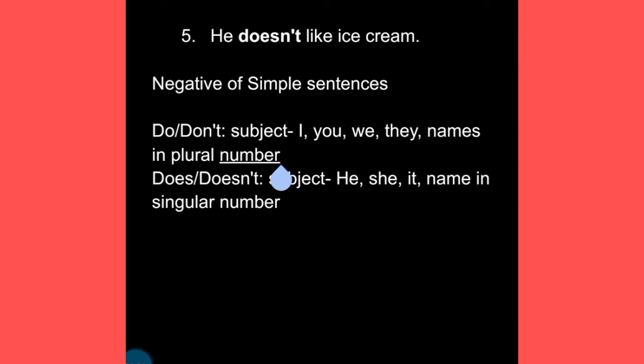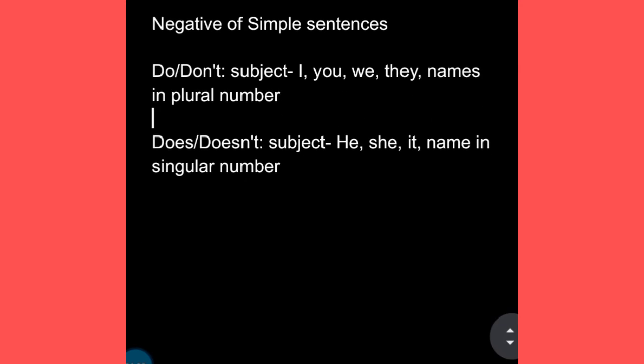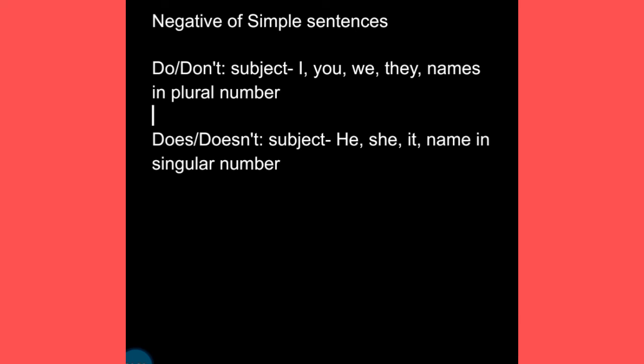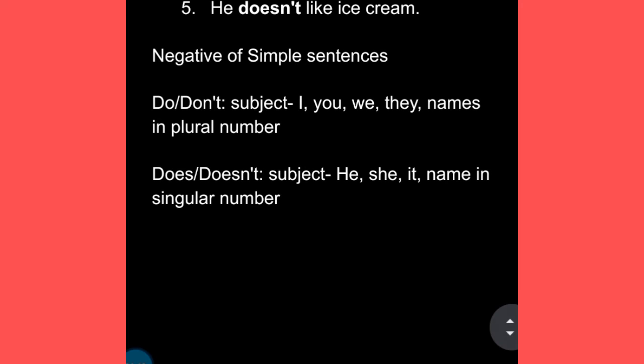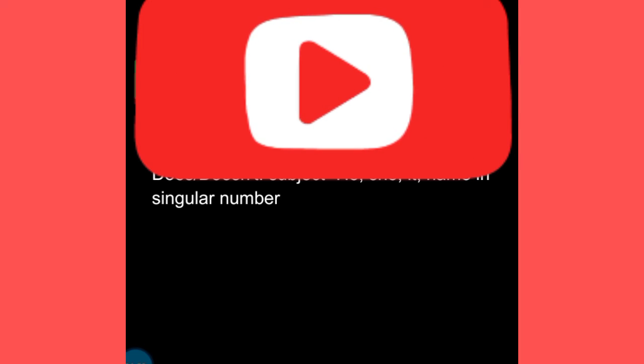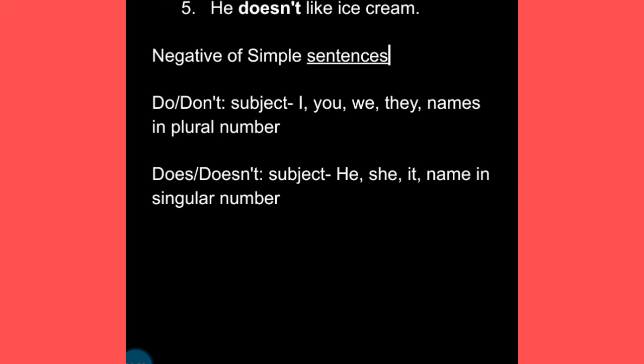If the subject includes either of these words, he, she, it, or a name in singular number, we have to use does. So the first rule is that we have to use don't or doesn't when we make negative sentences of simple present tense. And you have already been explained where to use do and where to use does.